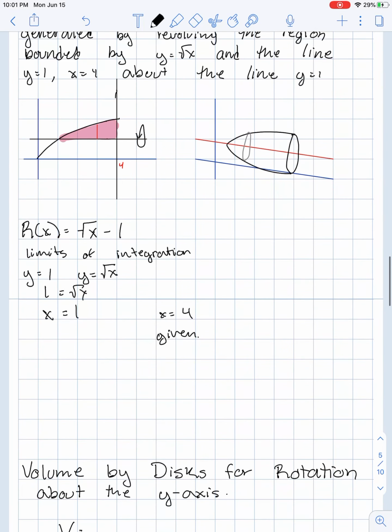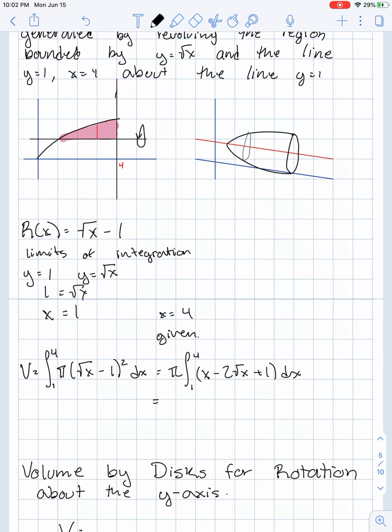All right, so I now have my volume from 1 to 4 of pi times square root of x minus 1, squared. And now I don't want you to tell me that this is x minus 1. That is not how foiling works. I know all of you passed algebra and know how to FOIL. Okay, to pull that pi out, from 1 to 4, this is going to be x minus 2 root x plus 1 dx.